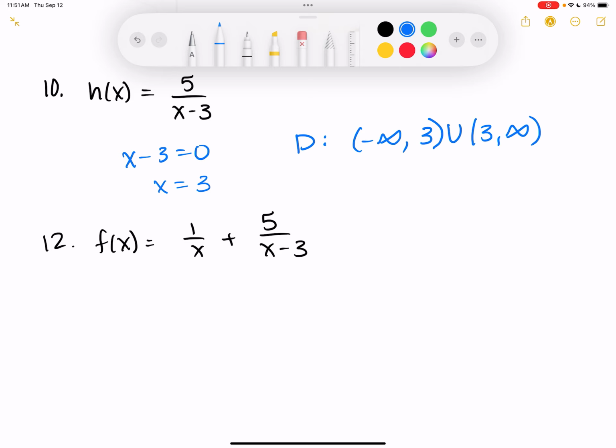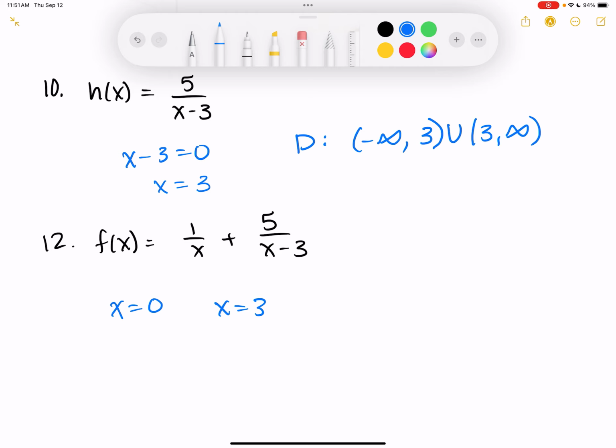We set the denominator equal to 0, so x equals 0, what else? x equals 3. Yep, x equals 3, that's the same one from up there, so I'm just going to rewrite it. So anything that makes the denominator 0 is going to be a problem.